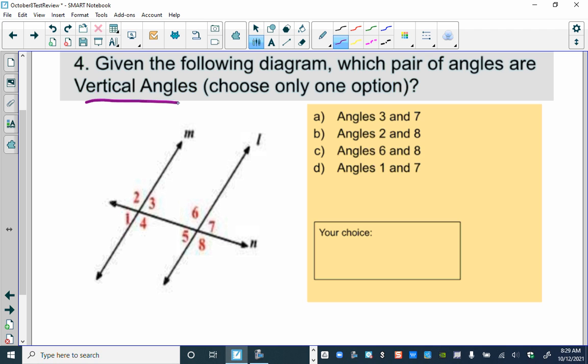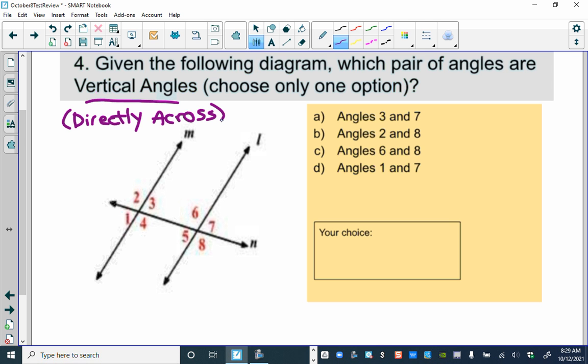So let's look at our examples. First, 3 and 7.